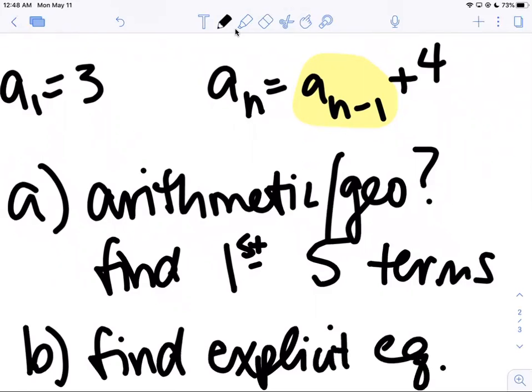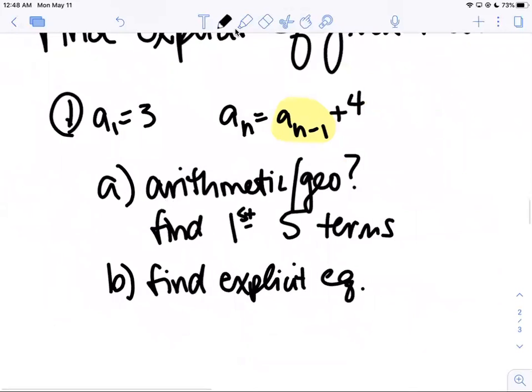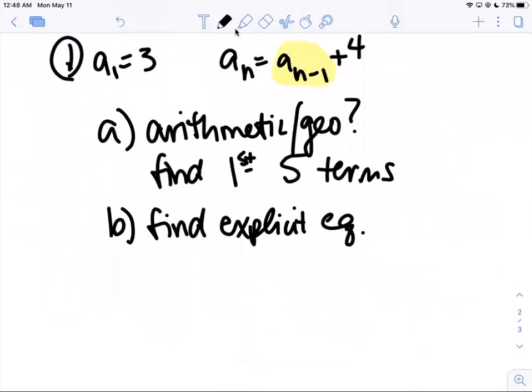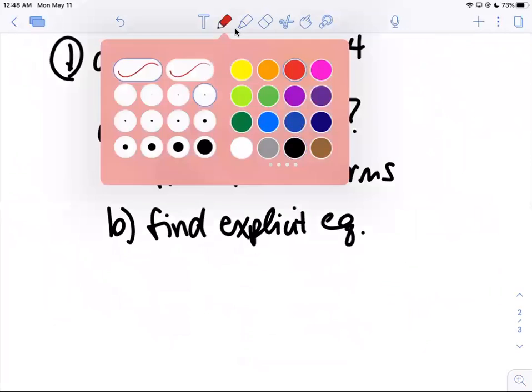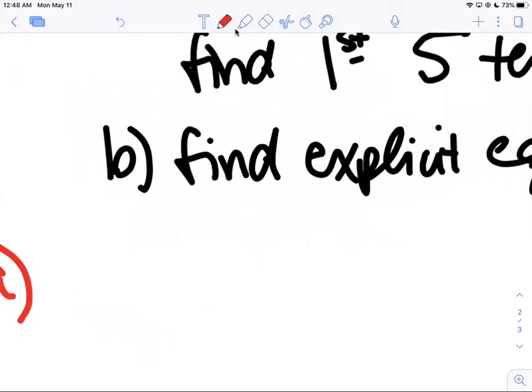So I gotta do a couple steps. The reason I'm asking you to do A before B is because we need A in order to find B. So it's not more work, it's just helping us figure out what's going on. So if I'm gonna do part A, first, is it arithmetic or geometric? Maybe finding the first 5 terms will help us determine that. So let's do that. So we know a sub 1 is 3.